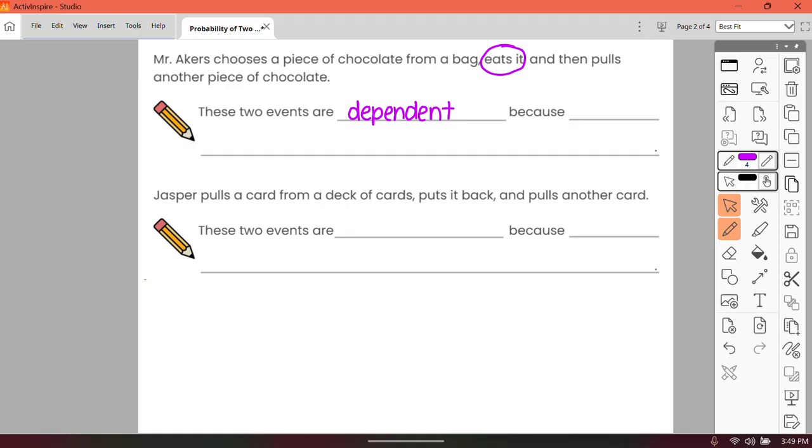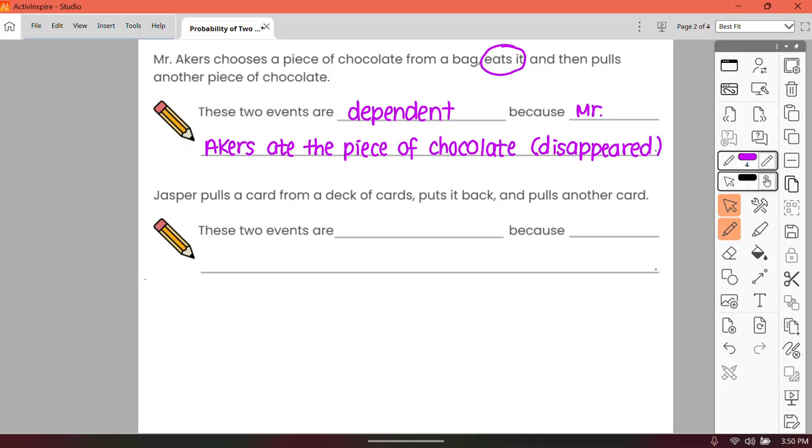Something changed, something disappeared. I'm going to write because Mr. Akers ate the piece of chocolate. And then in parentheses, I'm going to write disappeared, which I might be spelling wrong this entire time, but there you go.